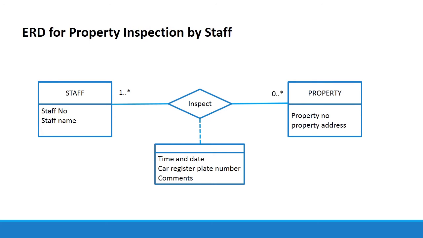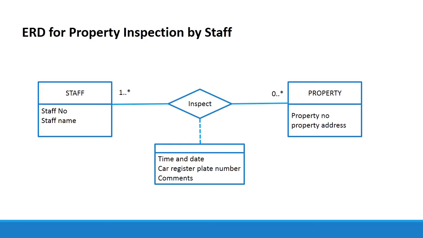Okay, and this is our ER diagram for property inspection by staff. We have the entity staff with staff number and staff name, and then we have the property entity with property number and property address. Both entities are related through the inspect activity.